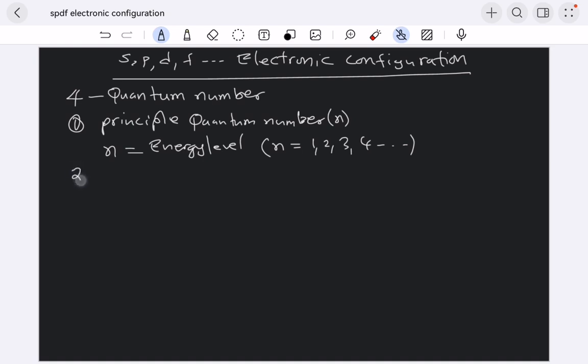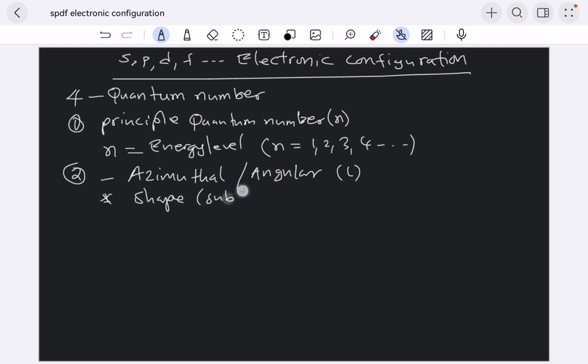Then we have the second quantum number, which is known as the azimuthal or the angular quantum number, denoted by small letter L. This describes the shape or the sub-levels that are in an atom.